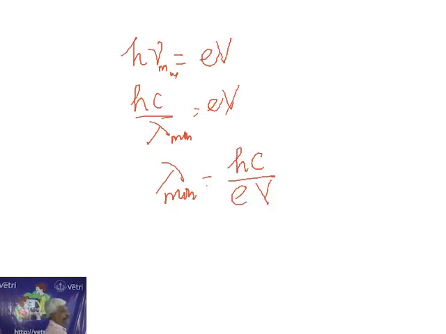These three are constants. Therefore, once we know the potential difference, the wavelength can be calculated: nearly 12,400 divided by V angstrom.